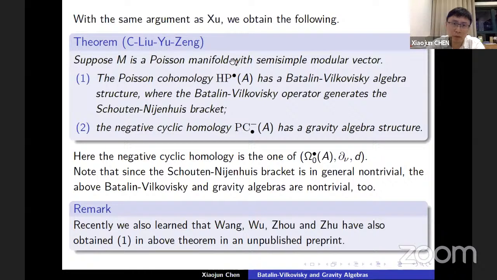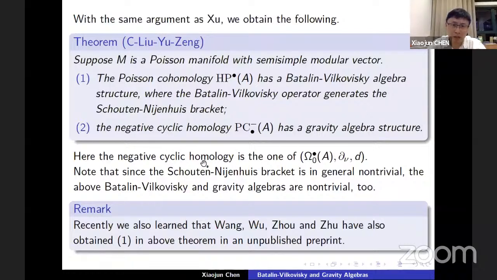Suppose M is a Poisson manifold with semi-simple modular vector. Then the Poisson homology has a BV algebra structure, where this BV operator generates the Koszul bracket, and the negative cyclic homology has a gravity algebra structure. So the argument is parallel to Xu's. It's also completely analogous to Xu's result.